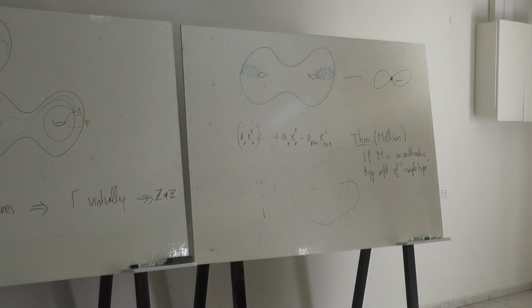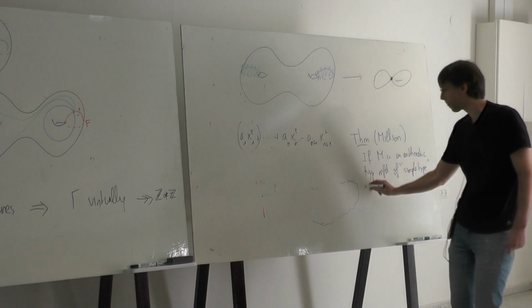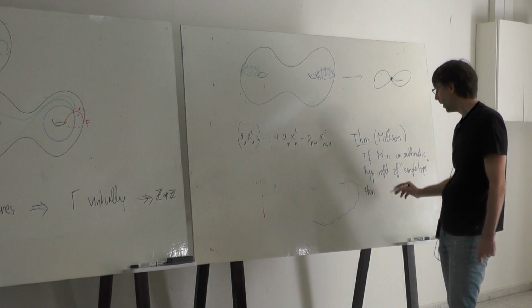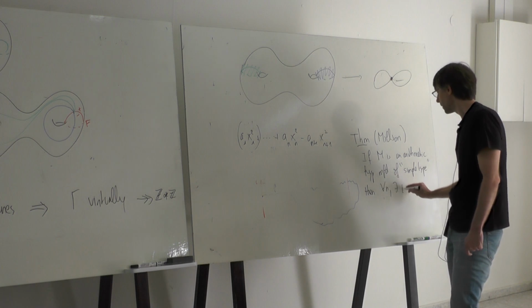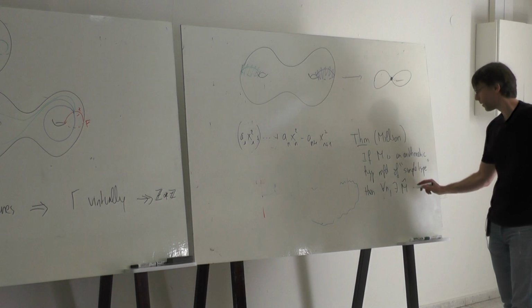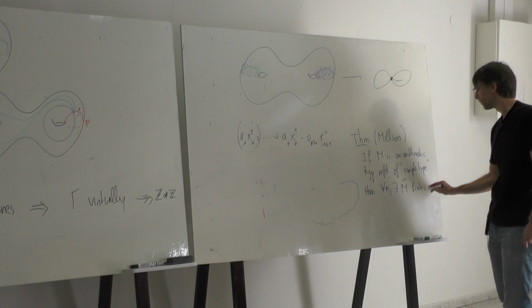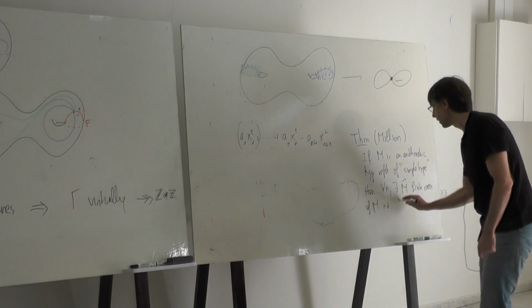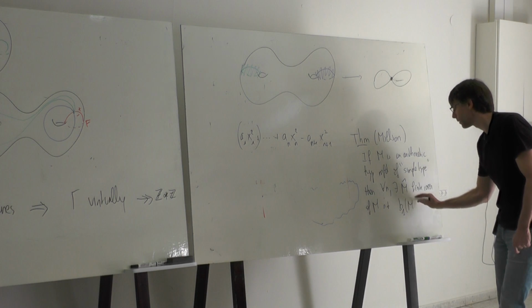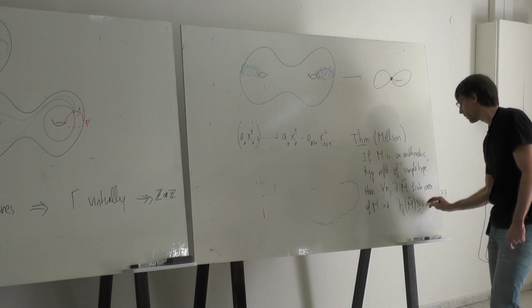The ones I have described are called of simple type. Then for any n, there exists some finite cover M hat of M, such that the first Betti number of M hat is larger than n.